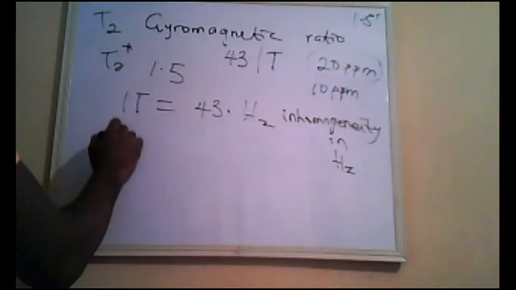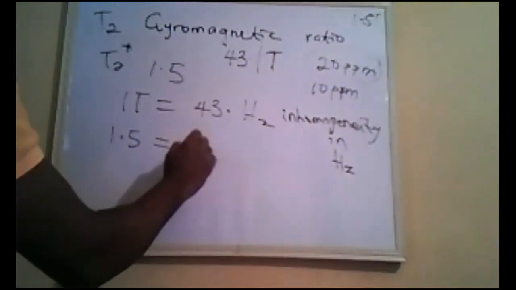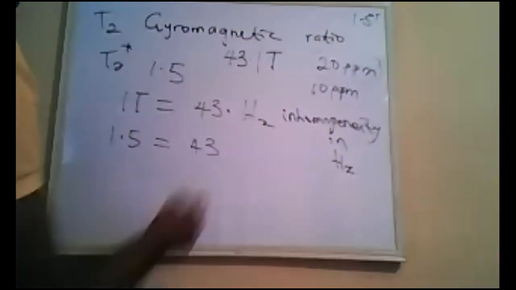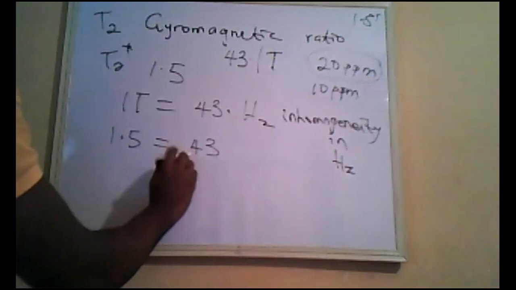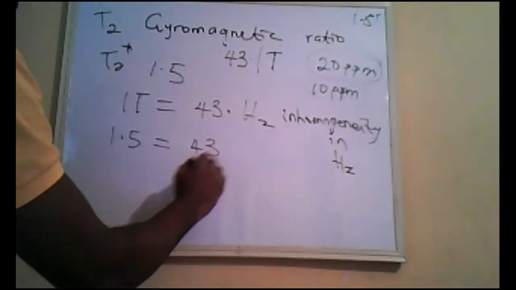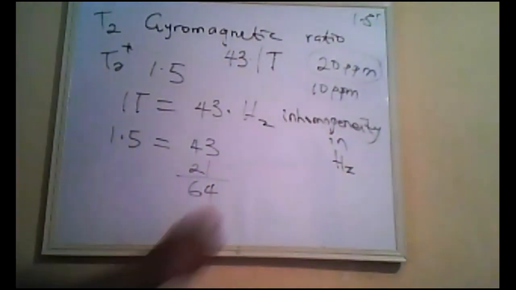So for 1.5 Tesla, I'm going to have 43 times 1.5. Half of 43 is around 21 point something, so around 64.